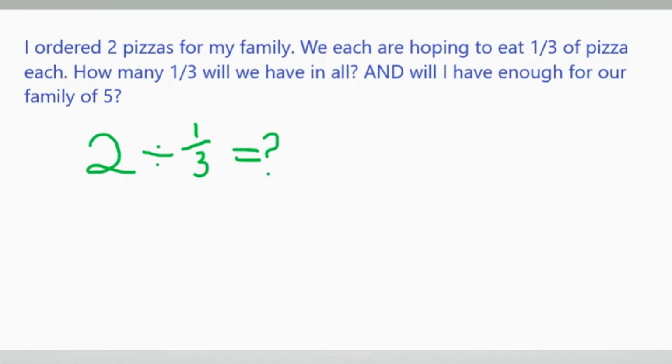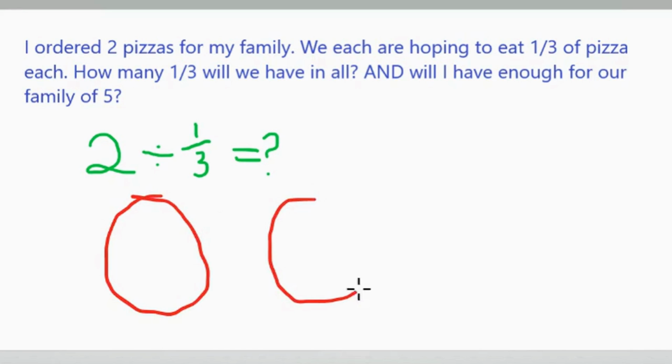Okay, so now if I have 2 pizzas, 1, 2, you'll have to pretend that my pizza is a little bit more round, and we're going to split them into thirds. How many thirds are there in total?